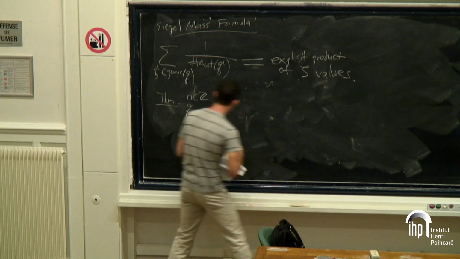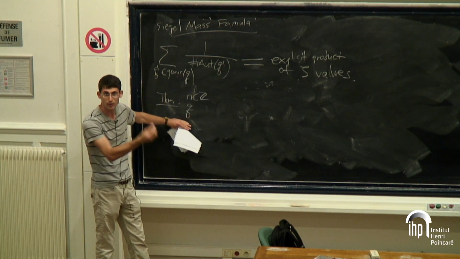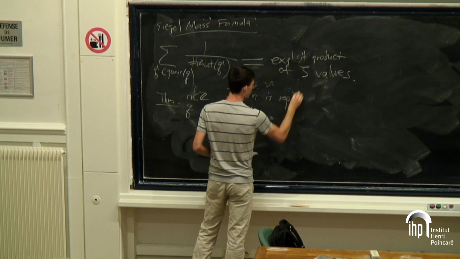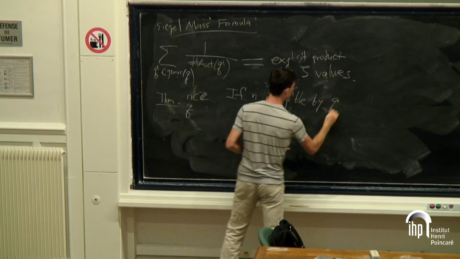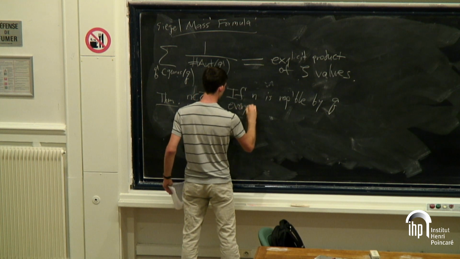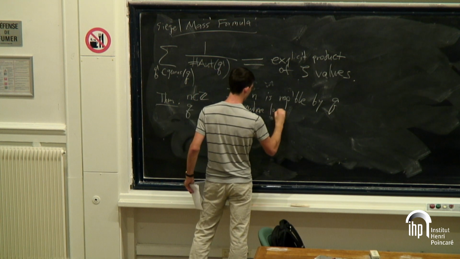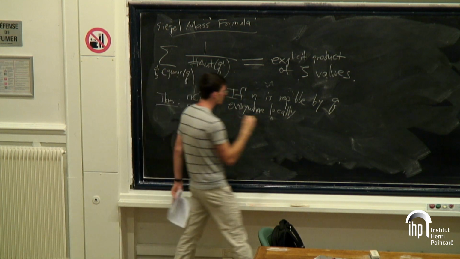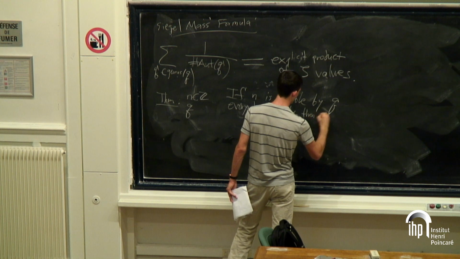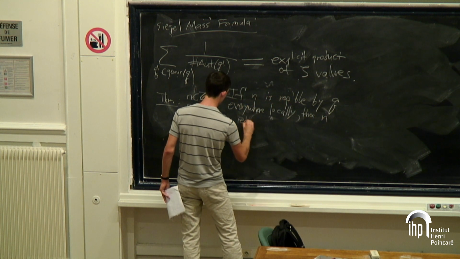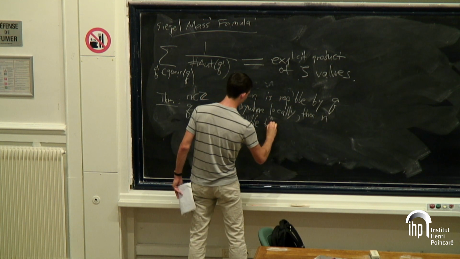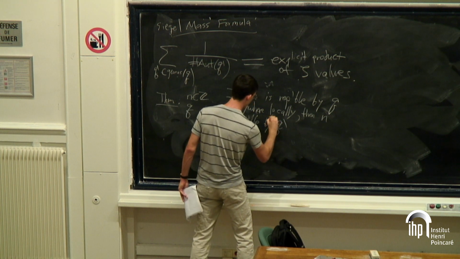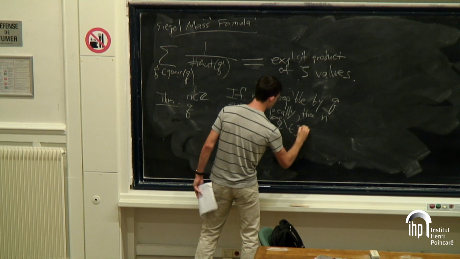Of course, if it's going to be representable, it better be representable everywhere locally. So it says if n is representable by q everywhere locally, so here I mean integrally representable, then n is representable, not necessarily by q, but by some q prime in the genus of q.